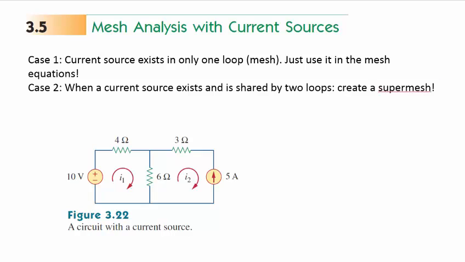Let's write our loop equations. At loop 1 we have minus 10 plus 4i1 plus 6i1 minus i2, correct, equals 0.